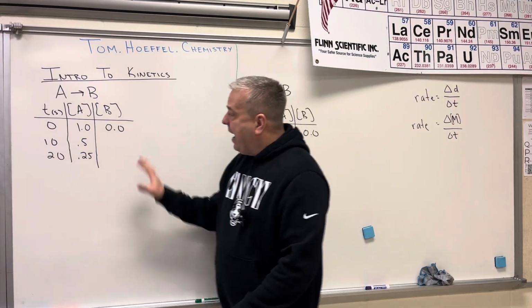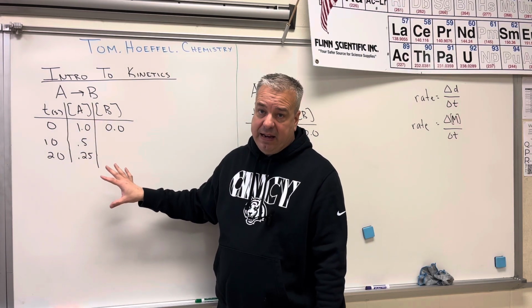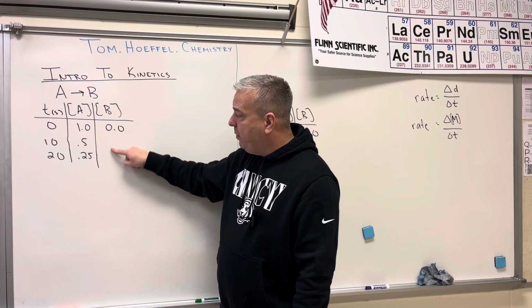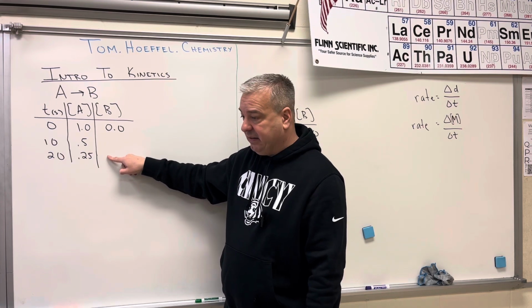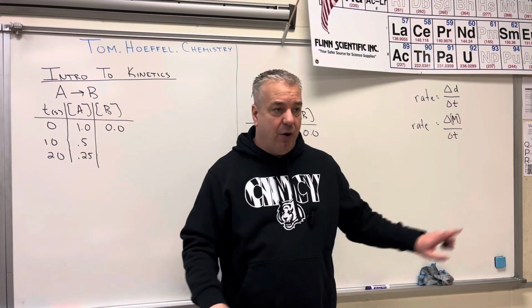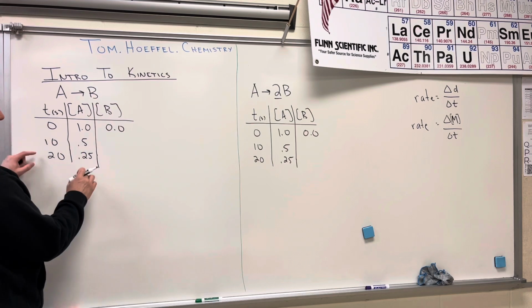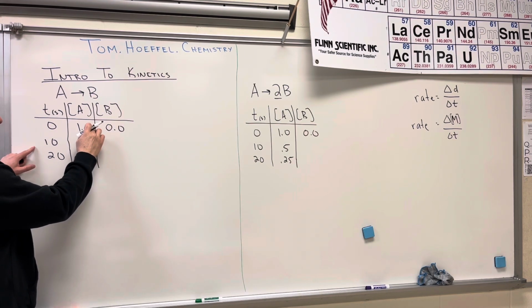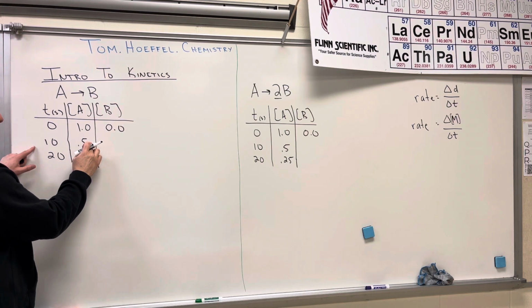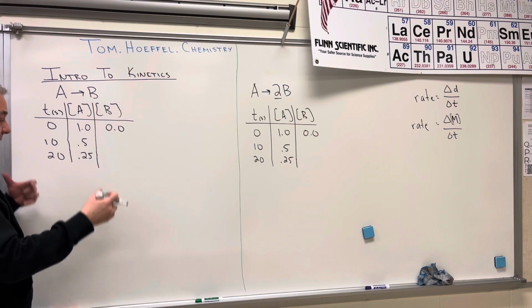Well, I have some incomplete data table here. Before I can calculate rate, I need to figure out, well, what is the molarity of B after 10 seconds and after 20 seconds? And this is the way we kind of go about doing those things. What we're going to do is try to figure out, well, how much A is reacting? Well, if it starts out at 1 and it goes down to 0.5, that means 0.5 moles or molarity of A is reacting.